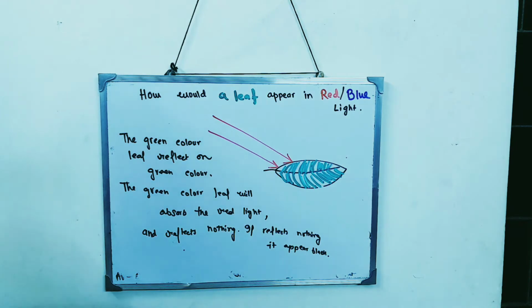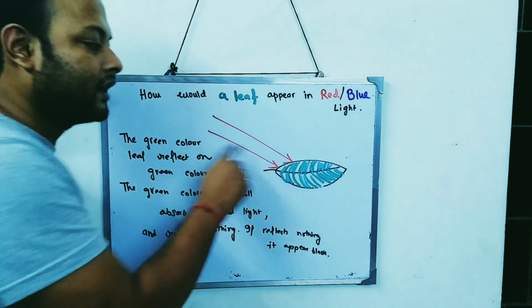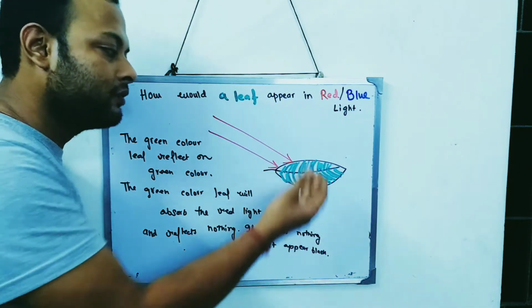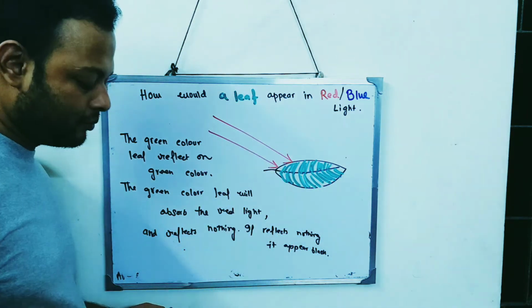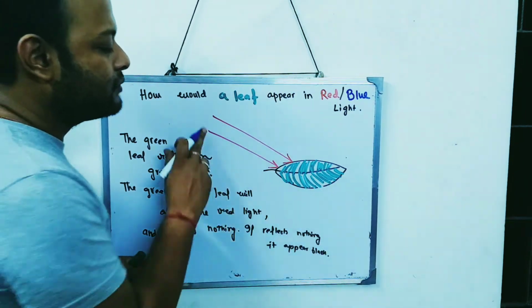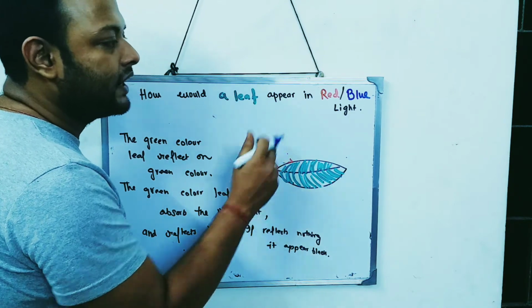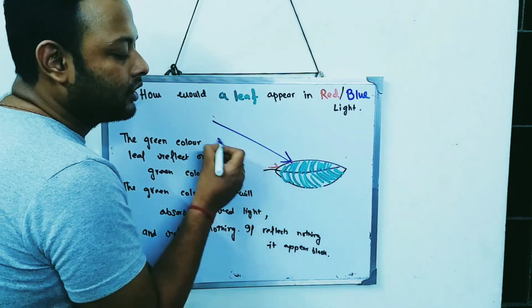Similarly, I think you understood. The red color is getting absorbed by the leaf, so it will reflect nothing, so it will appear black. Similarly, in the same scenario, if I change the red light to a blue light, then what will happen?